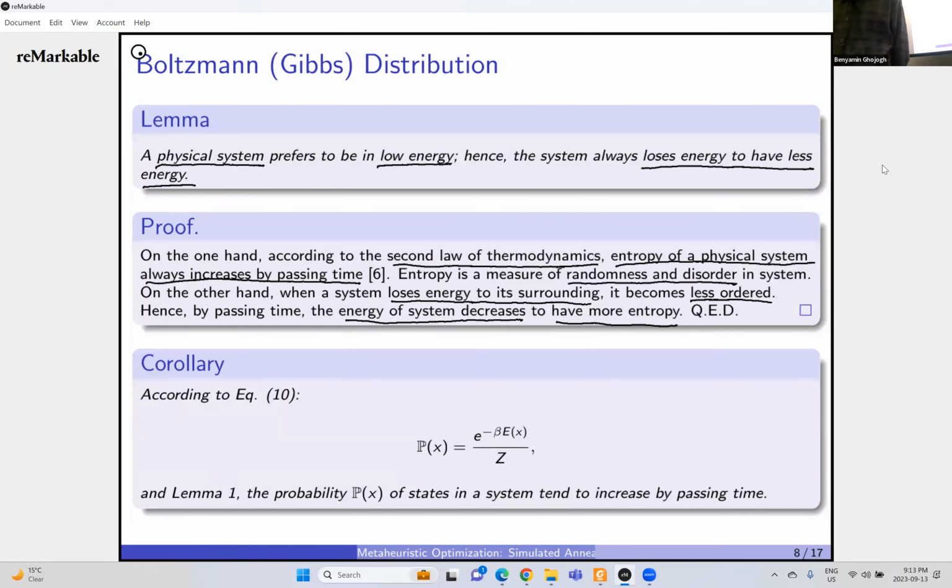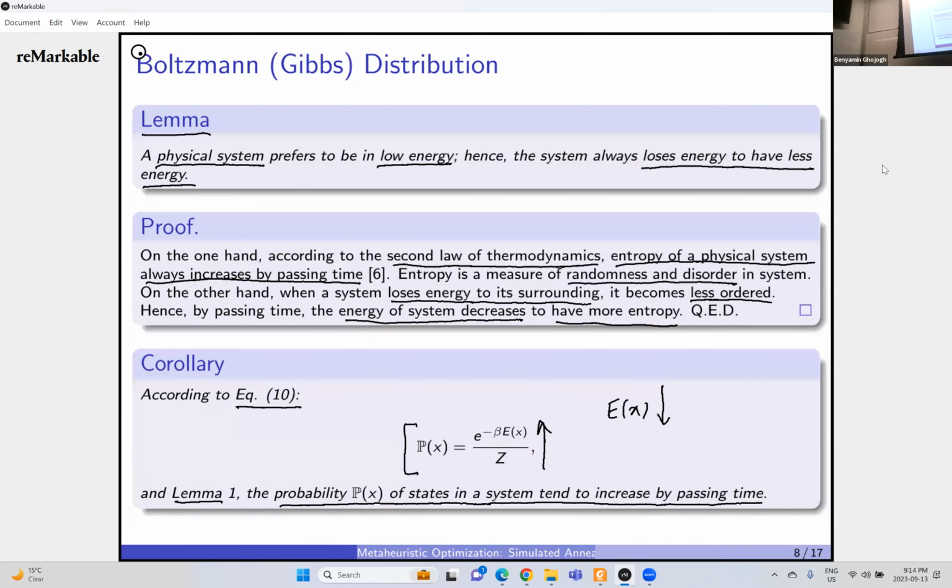Now, corollary. What do I mean by corollary? Conclusion. According to equation 10, which I am repeating here, and the lemma, the probability P of x of states in a system tends to increase by passing time. Why? What did the lemma say? E of x decreases. Energy always decreases, right? When energy decreases, this P of x goes up, right?